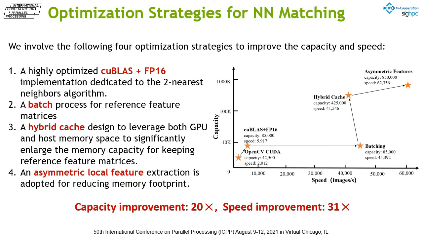We use four approaches in total to achieve our searching performance. Compared to the OpenCV implementation, the overall capacity is improved by 20 times, and the speed is improved by 31 times.